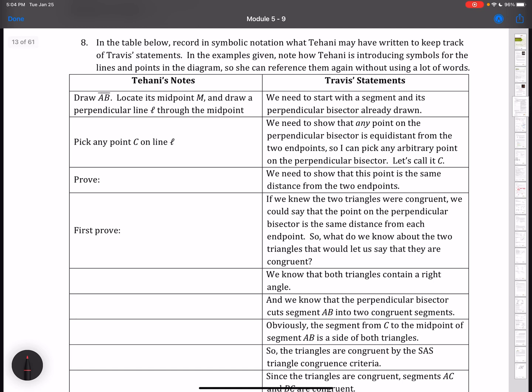So let's work from Travis's statement and then look at Tahani's notes and help to fill in Tahani's notes with some symbolic notation. Travis's statement says, we need to start with a segment and its perpendicular bisector already drawn. So Tahani says, draw segment AB, locate its midpoint M, and then draw a perpendicular line L through the midpoint.